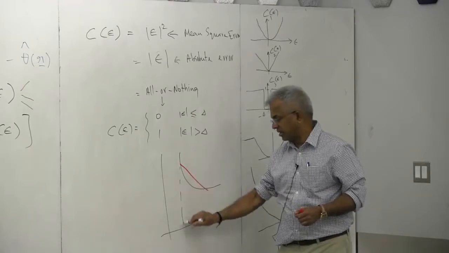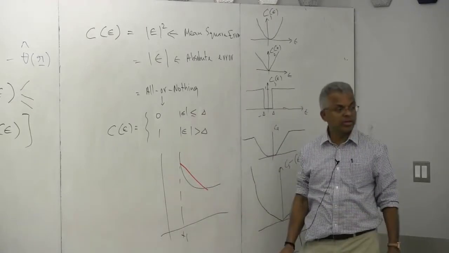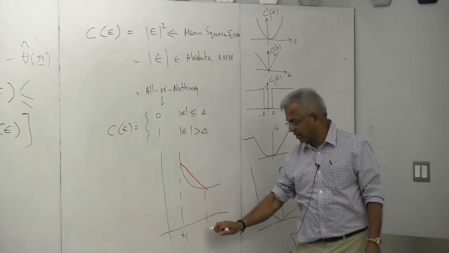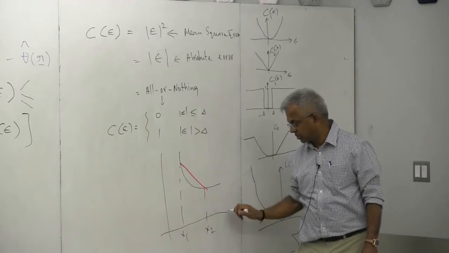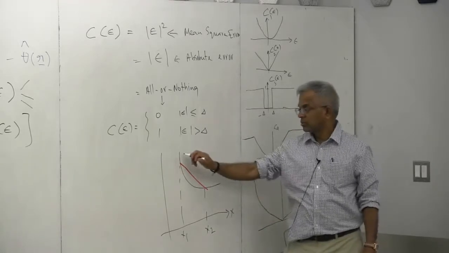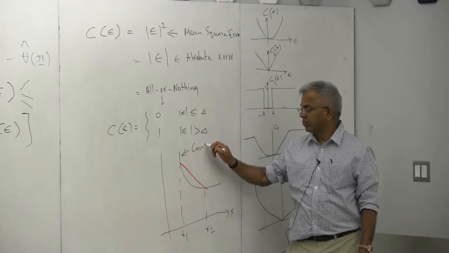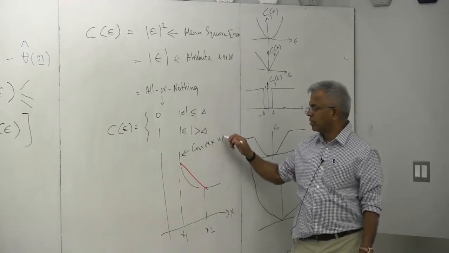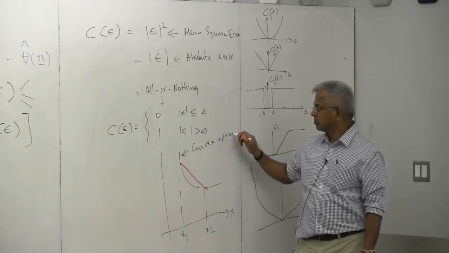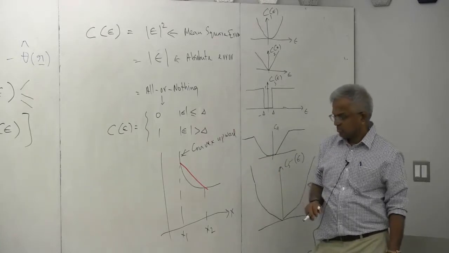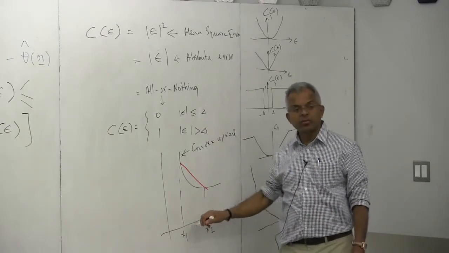If you take this point, let me call it x1. Let me take another point x2. I'm going to give you the definition for convex up. Let me take a linear combination of these.